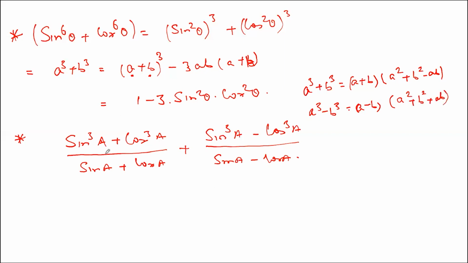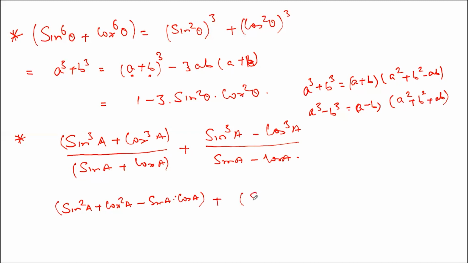If I apply this, from the numerator, sin A plus cos A will be common and will cancel out with the denominator sin A plus cos A. So what I'm getting is sin square A plus cos square A minus sin A into cos A, right?